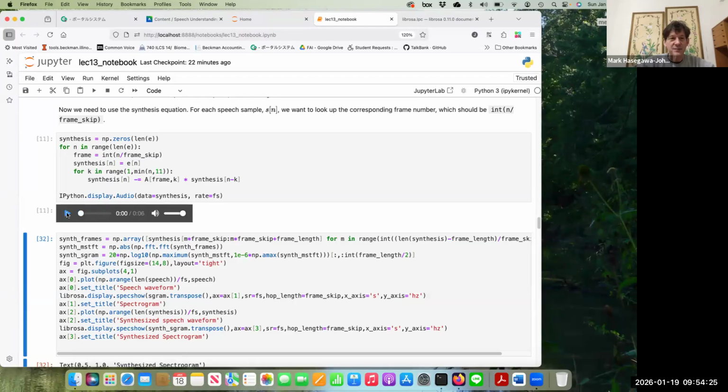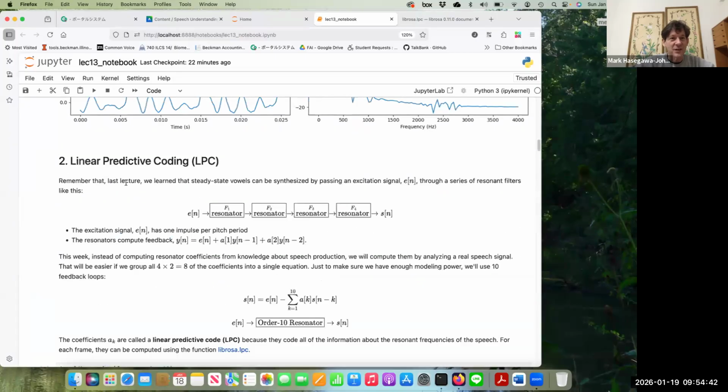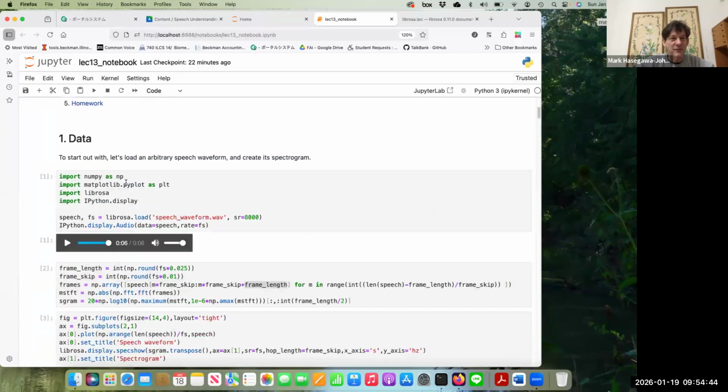This is a speech waveform. You can hear that there's a little bit of echo toward the end, but this should sound almost exactly like the original waveform. I'm not sure if I can even tell the difference. They sound very similar. Let me see if we can hear the difference.